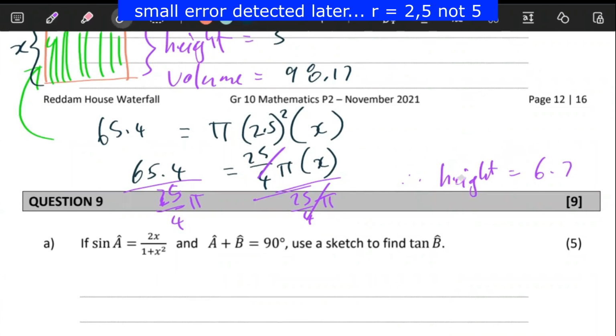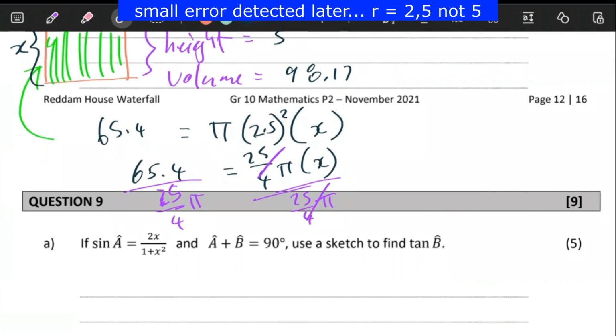All this considered, funny enough, because we had used double the radius, everything literally just doubled. But the moment we use half the radius, everything logically just halves. So here's 65.4 divided by 25 over 4 pi.